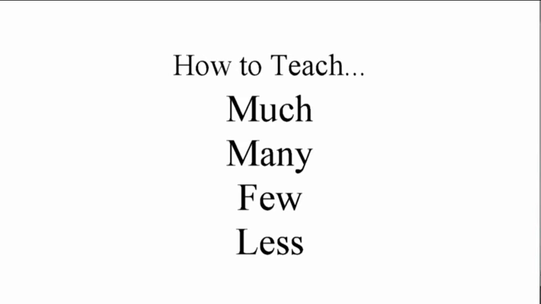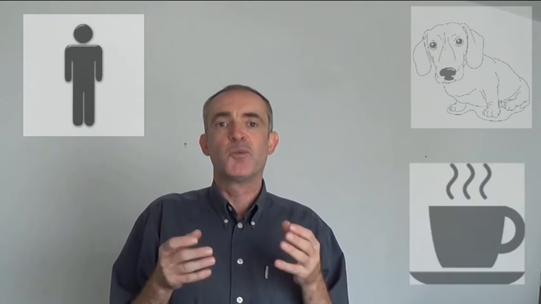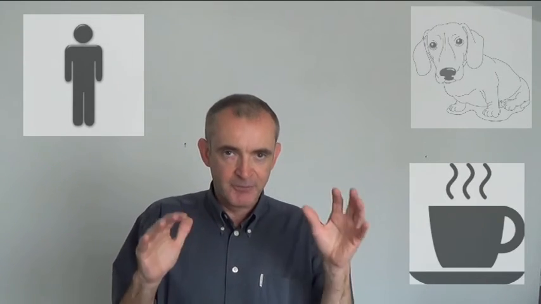In this video we are going to take a look at countable and uncountable nouns, and in particular the use of much and many and few and less. Now, a countable noun is a noun or a thing or an object that we can count, obviously.